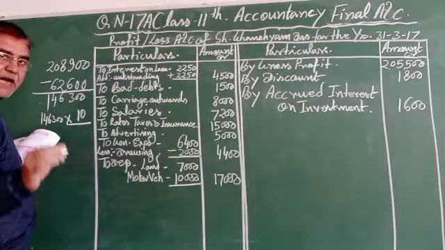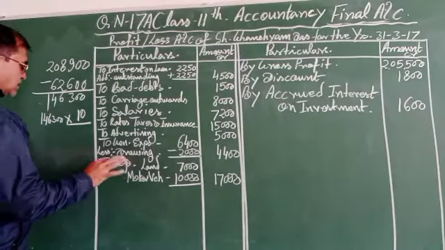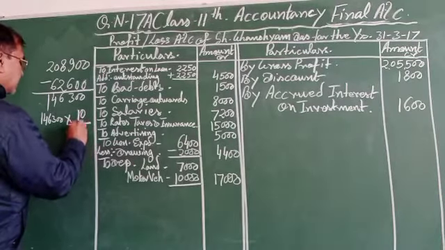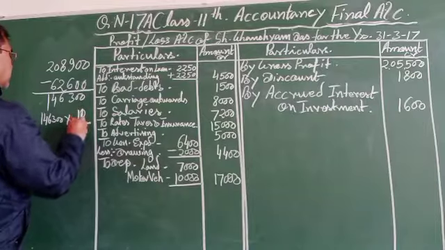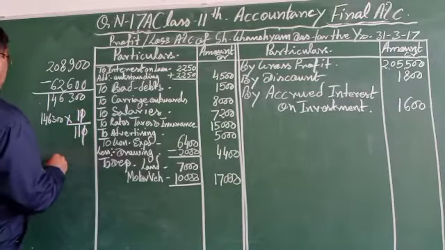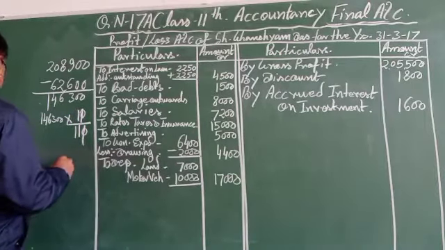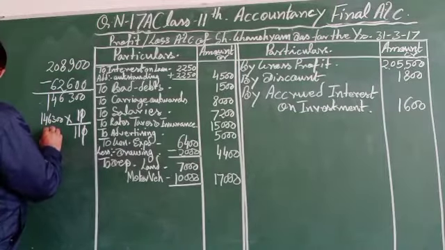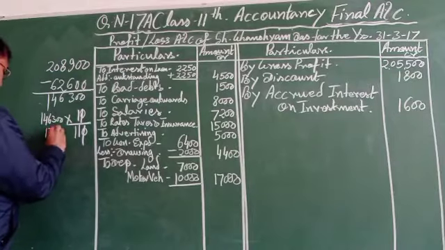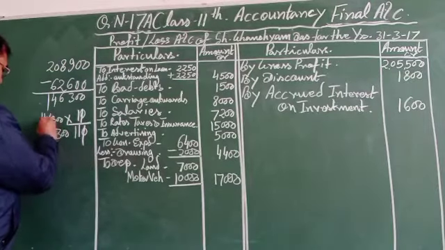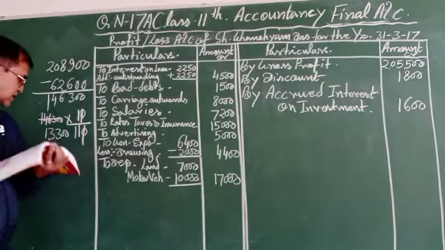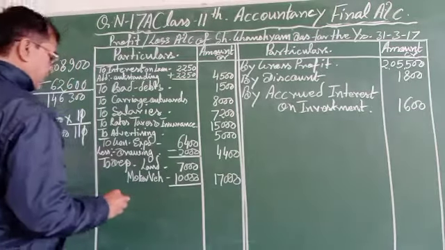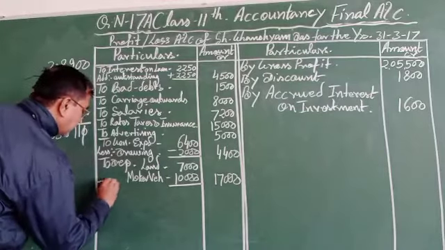Whether the word given is after charging such commission, just the rate plus 100. Rate is equal to 10, so 100 plus 10 is 110. Divided by this, the manager's commission will be 13,300.